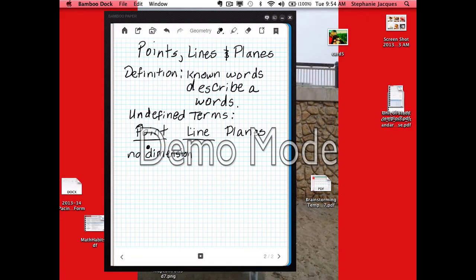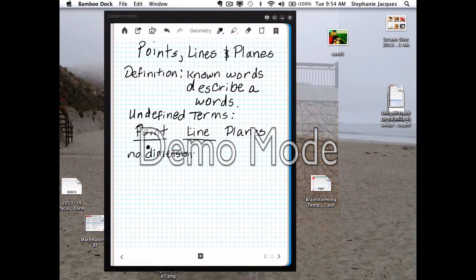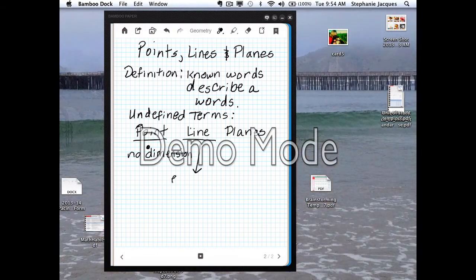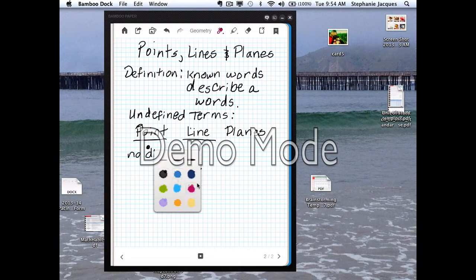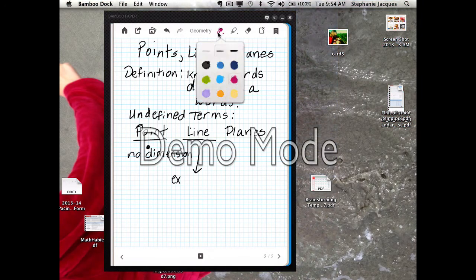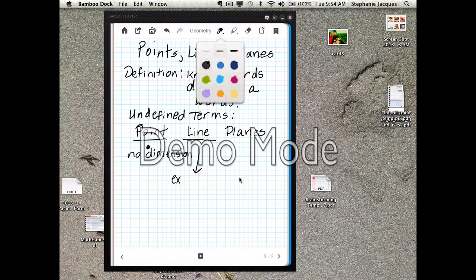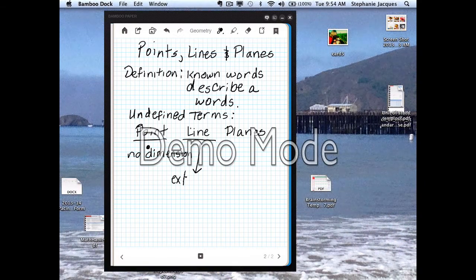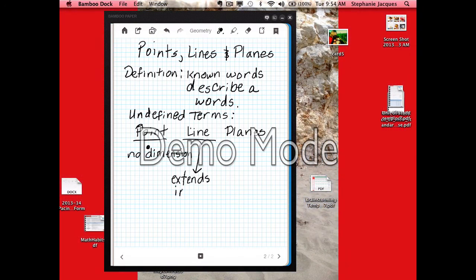We have things called lines, and basically a line, and we'll put our definition down here, a line extends in one dimension.